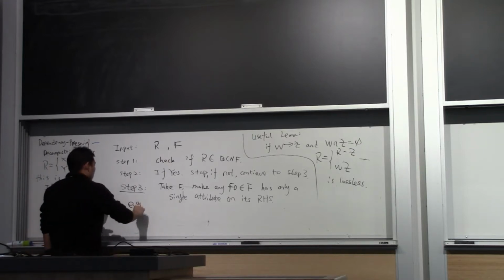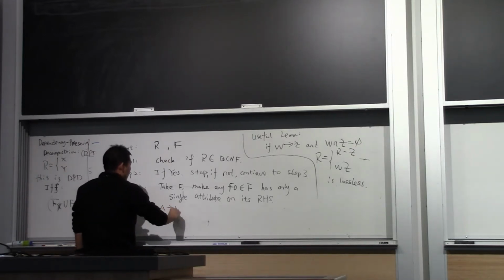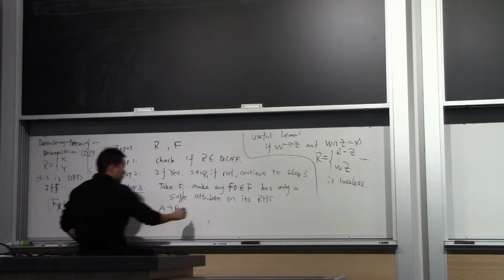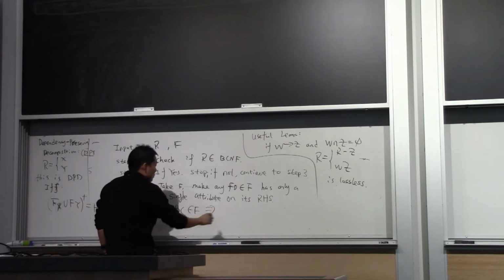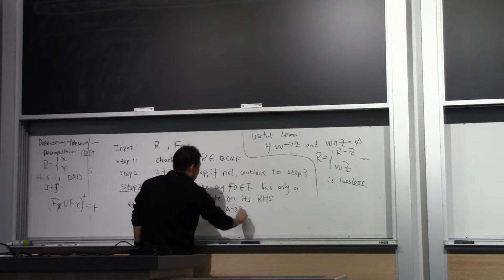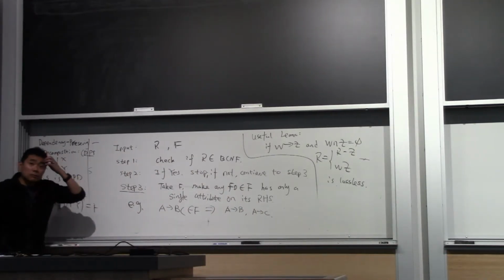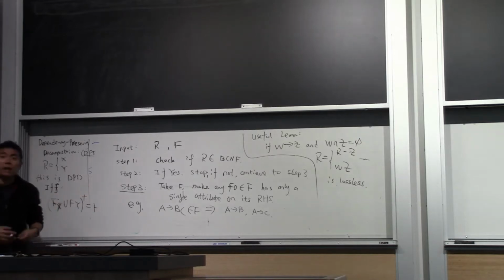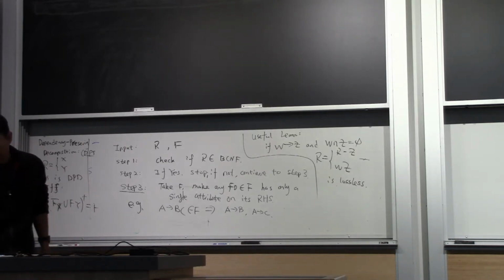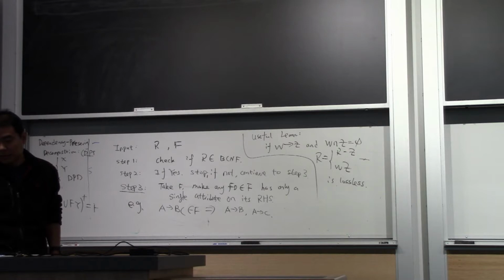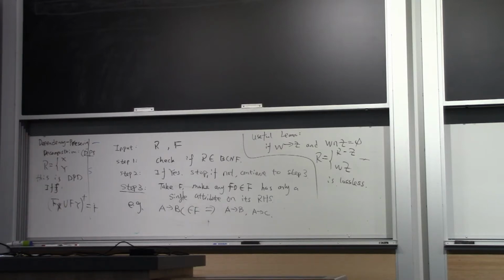For example, if you have A determines BC in F, you convert this into A determines B and A determines C. This is always possible because one of the inference rules is the decomposition rule.